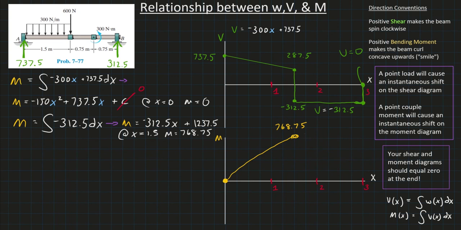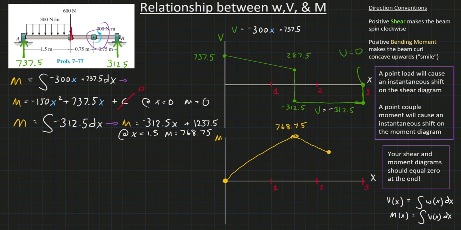You got to be careful because this M will be valid from here, but then we see that we have this guy. So here's that downwards M right until we hit 2.25, because that's where this instantaneous couple moment is applied. Remember, because of this, we're going to get some shoot up or shoot down.